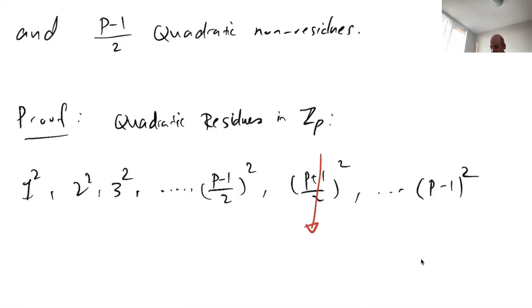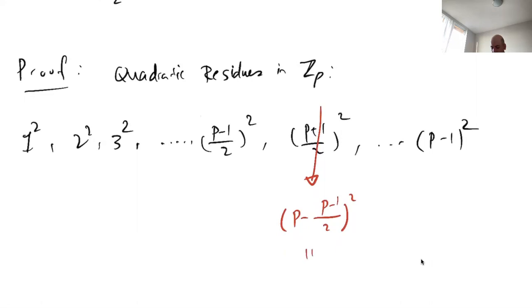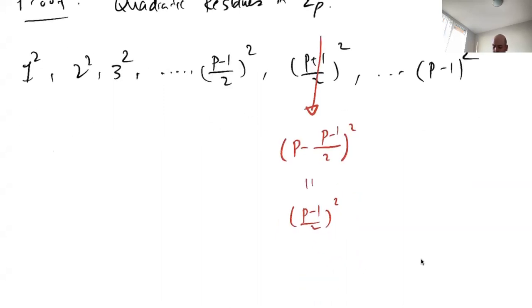Because (p plus 1)/2 can be written as (p minus 1)/2 plus p, and (p minus 1)/2 plus p is the same as (p minus 1)/2, because remember p is 0 in Zp.